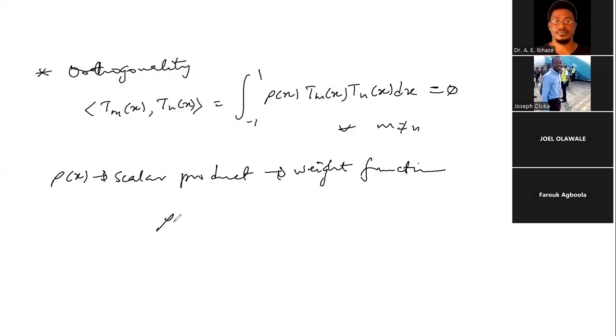And then we already explained that this weight function is the same as 1 over the square root of 1 minus x squared. And this takes on real values between the range -1 to 1. So that is one of the properties of the Chebyshev polynomial. And then we have some other properties. We already know that it minimizes the maximum error in the approximation.